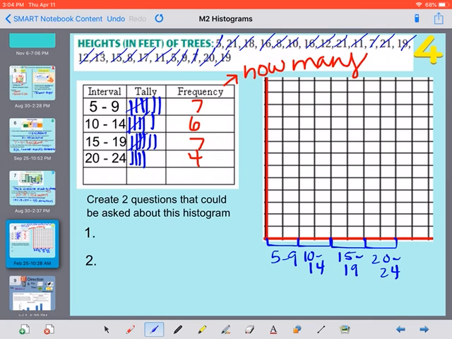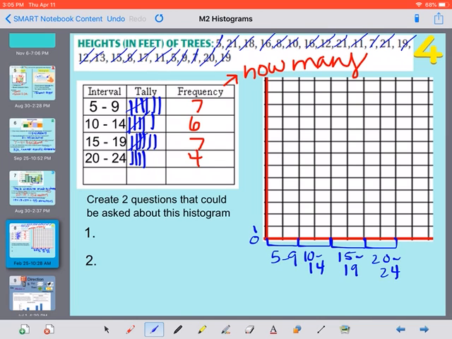And notice our ranges don't overlap. I don't go 5 to 10 and then 10 to 15 because that way 10 would be in both. And we can only have the number 10 in one frequency here, one interval. So in the range 5 to 9, we had 7. So on this side, we can just go up how many trees had that height.